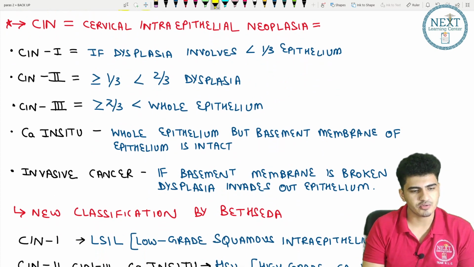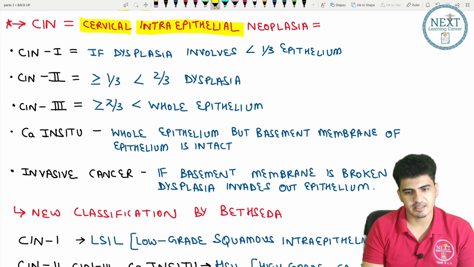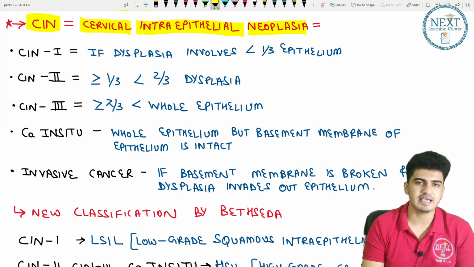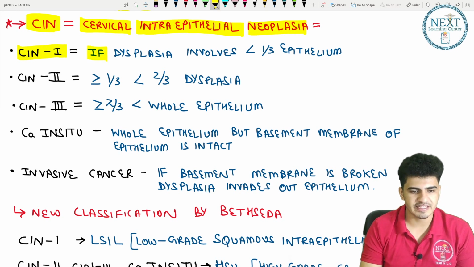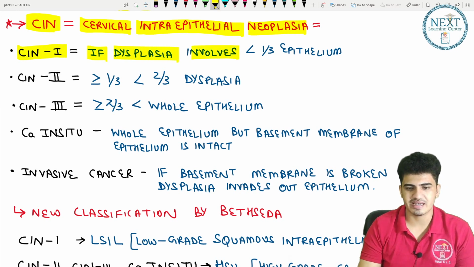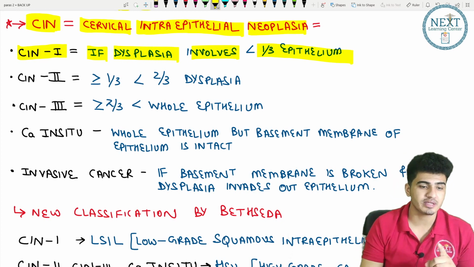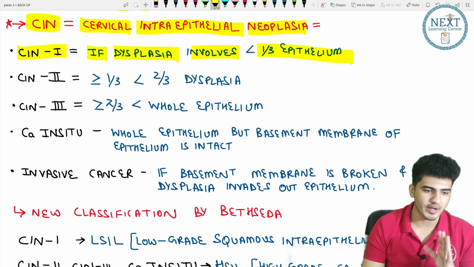Now we are going to do cervical intraepithelial neoplasia, CIN staging. Remember CIN 1: if dysplasia involves less than one third of the epithelium, it is CIN 1.